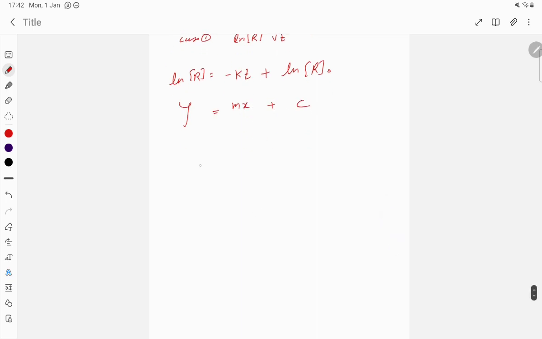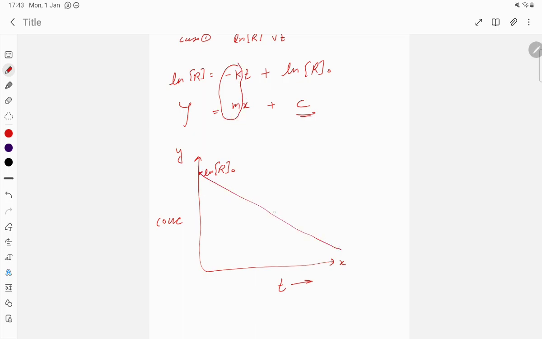So dear student, you can take the x axis, here will be the time, and this is the y axis, so there will be the concentration. This is the c, intercept is there, na. So at the c what is there, ln r naught, here on the top, ln r naught, this concentration. And since the slope is negative, it will go downward.